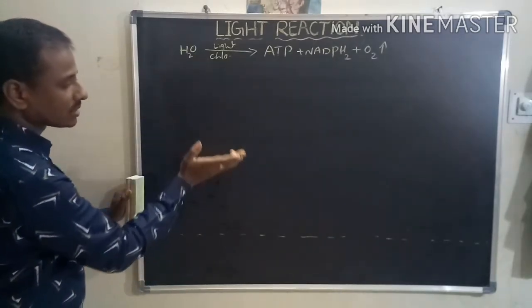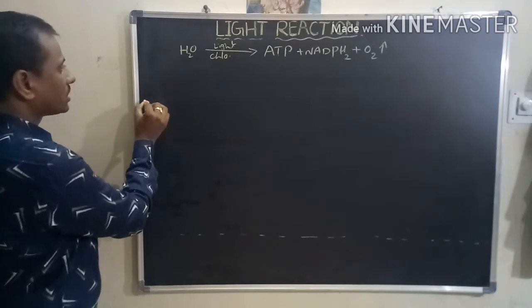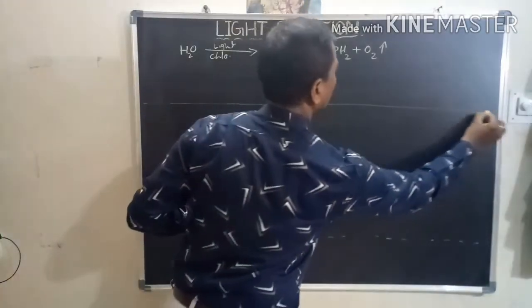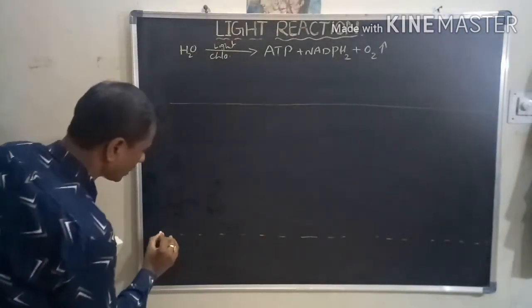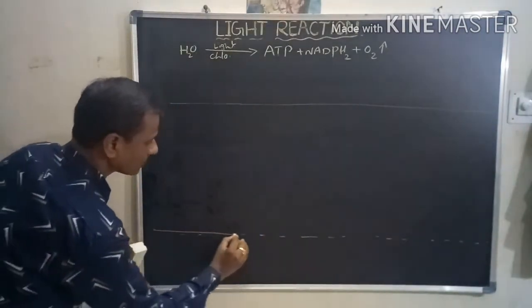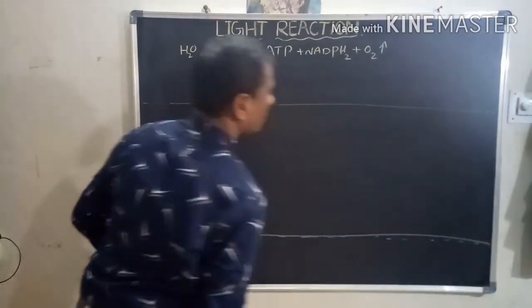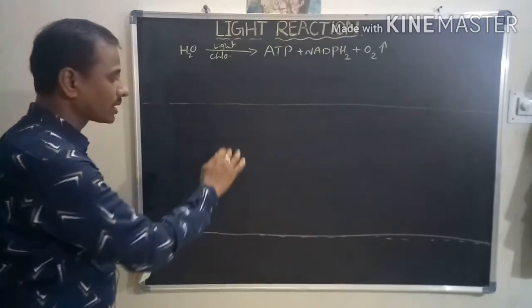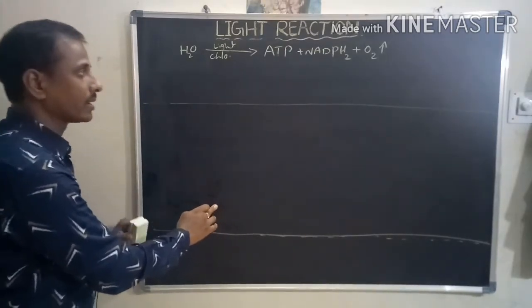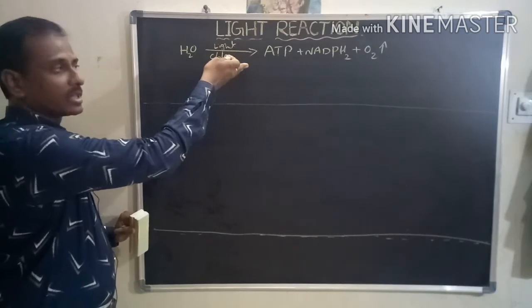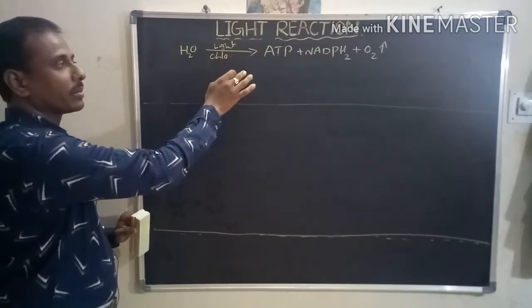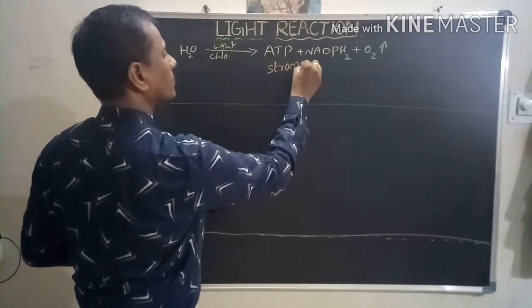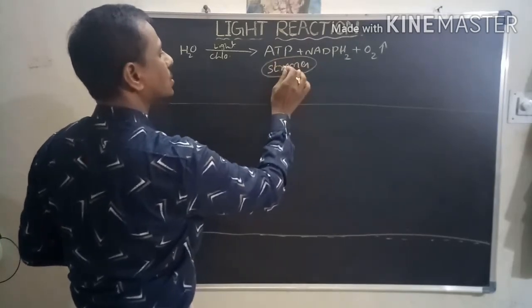So I am showing three spaces. This part is thylakoid membrane. Outside of the thylakoid membrane is the stroma. This area is stroma.